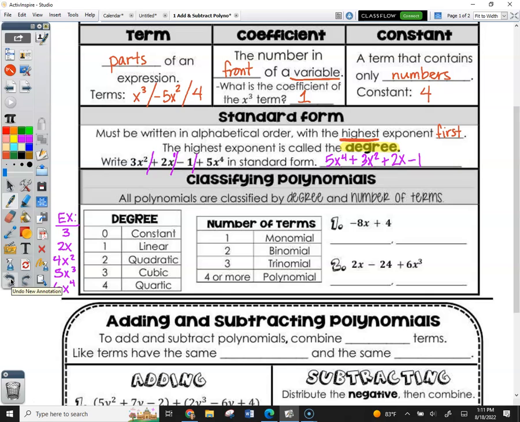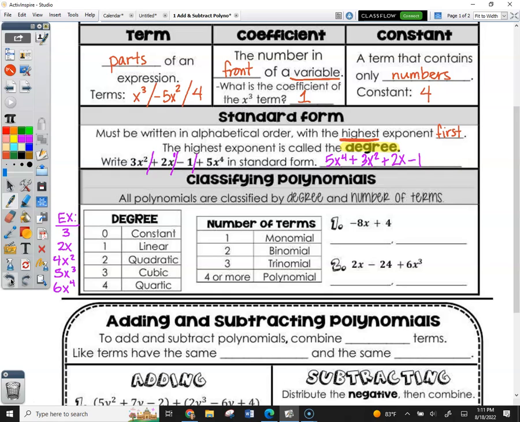Binomial, 2. Trinomial, 3. And then anything higher, you just say polynomial. In fact, I sometimes call a trinomial a polynomial already. Binomial and monomial, I will say.